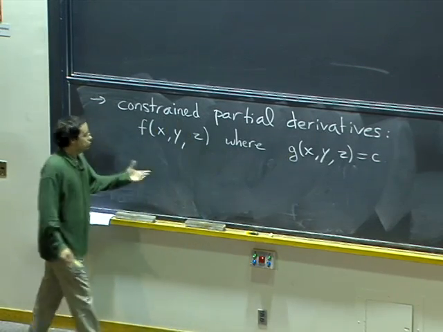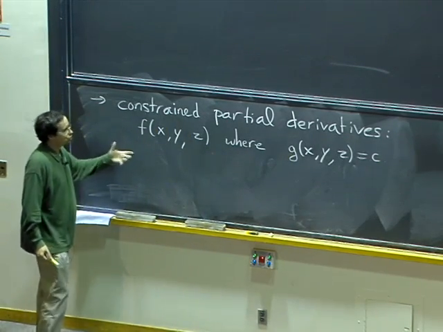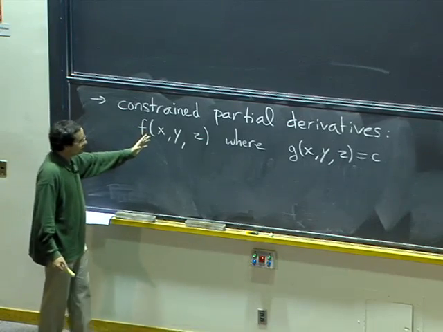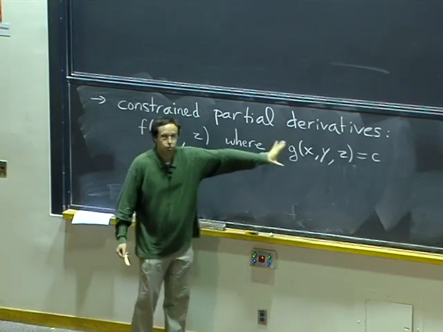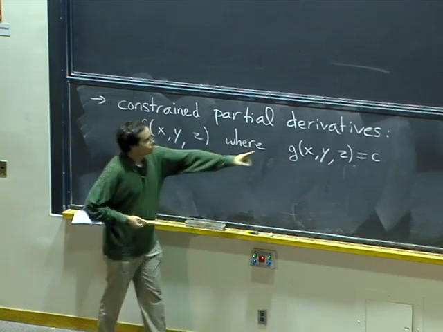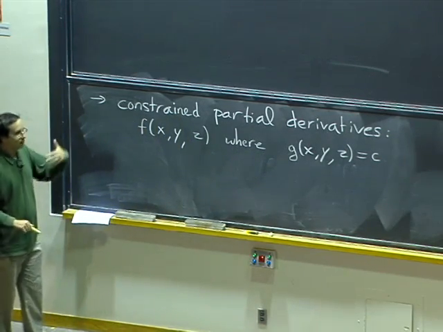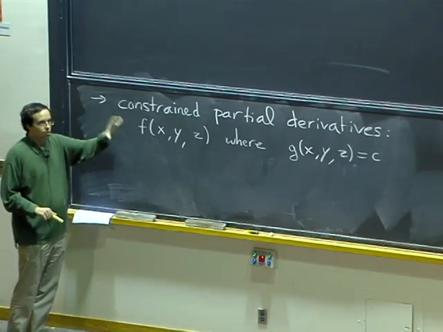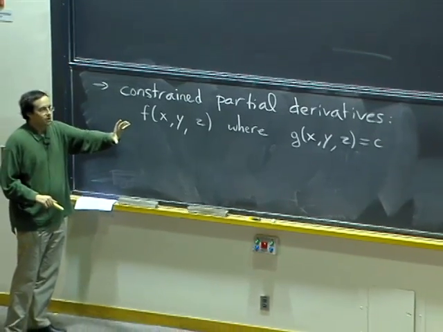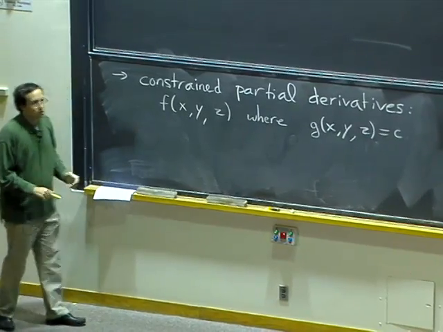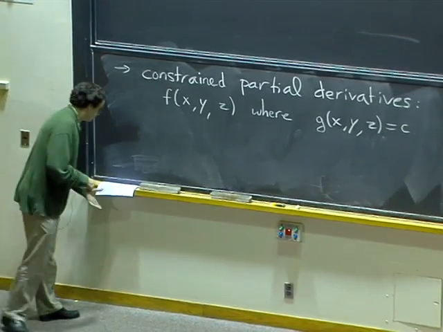I mean, that would be the usual or so-called formal partial derivative of f ignoring the constraint. To take this into account means that if we vary one variable while keeping another one fixed, then the third one, since it depends on them, must also change somehow. And we must take that into account.